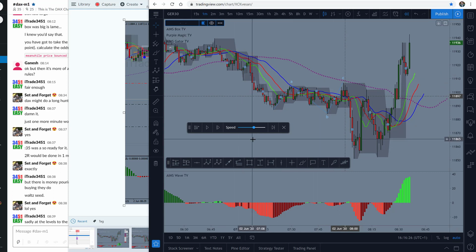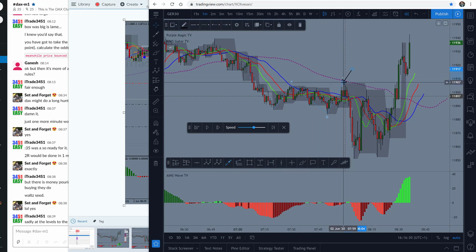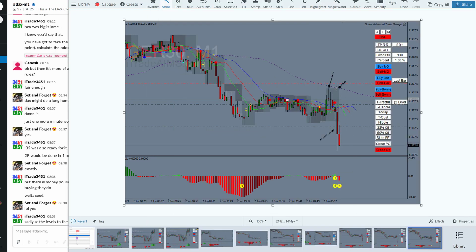So here is what I did: I saw this as an ABC up, so I made my early entry there and another entry here. Now the TradingView chart is a little bit different, but obviously we trade the MT4 chart. So it comes here, I take my first trade there, and then I do my add-on here.